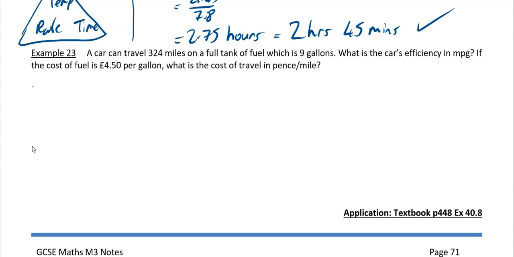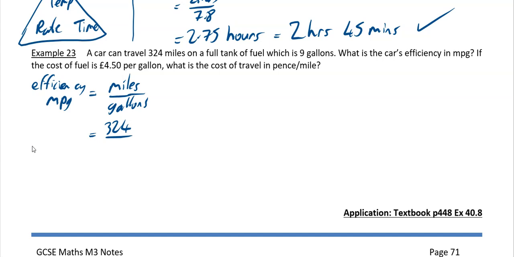So we'll just say in this case the efficiency, and that's in miles per gallon, is equal to your miles divided by gallons. So in this case, that's 324 divided by 9, which was your number of gallons. So that's 36 miles per gallon.